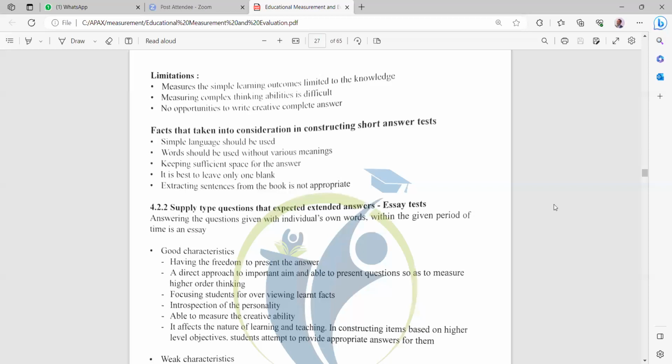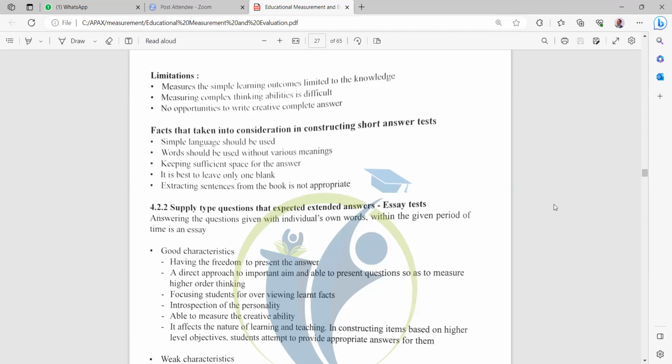That's a memory. Who went to...? You should remember that. We have limitations. It measures simple learning outcomes limited to knowledge.